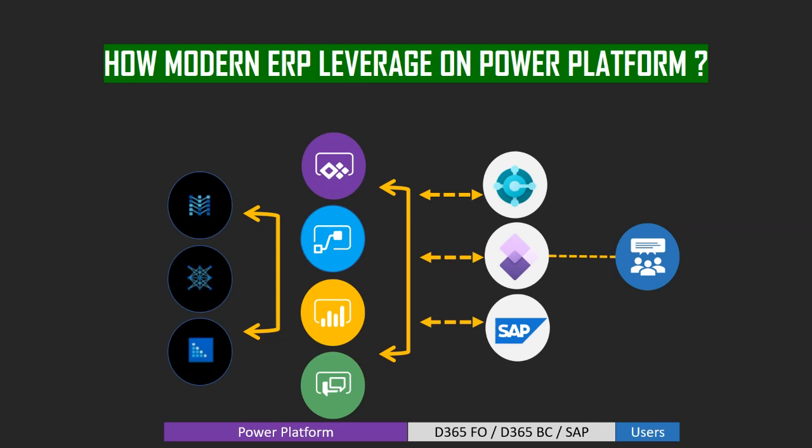And the other thing is why we need Power Apps. I mean, if you're in the modern ERP, what's the reason that we need Power Apps? The reason behind Power Apps is that it is a low-code platform with which you can build applications. The other reason is that research done by Gartner and other leading research institutes has found that 500 million new apps will be created within the next 5 years.